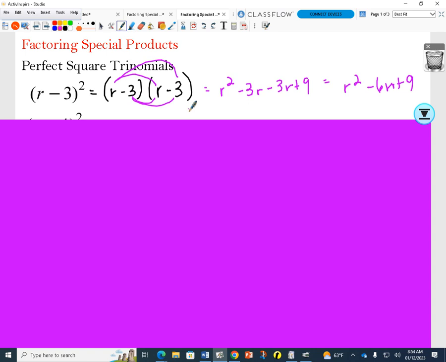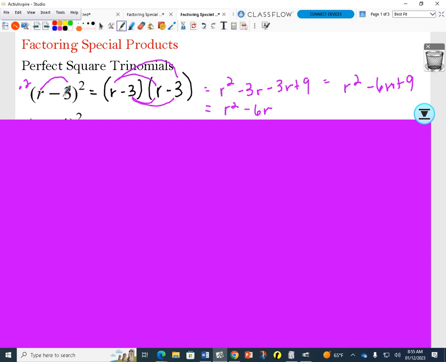Remember, the shortcut is equal to the square of the first term. Now I take negative 3 times r and multiply it by 2. So negative 3r times 2 is negative 6r. And I square the last term. So it's negative 3 times negative 3, that'll be plus 9.